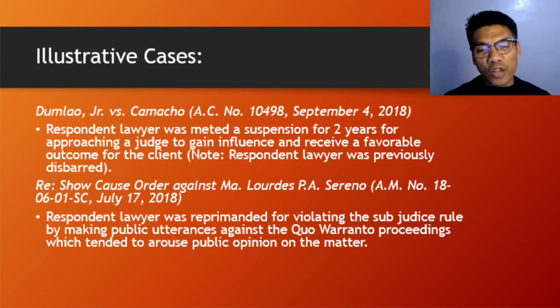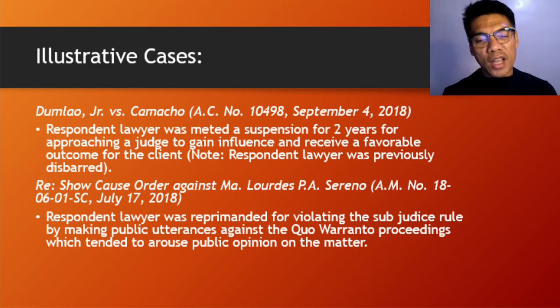Although he was already disbarred, the Supreme Court said that the penalty of 2 years must still be placed in his record, and should he ask for reinstatement, the penalty of 2 years suspension should first be administered and meted. Okay, the next case is of course very familiar.